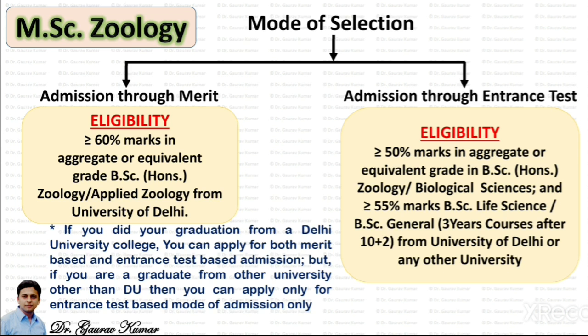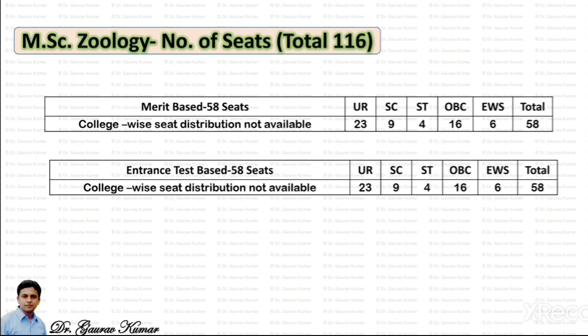So let's see the number of seats. I couldn't find the college wise seat distribution from the University of Delhi website, so we'll just see the number of seats in the merit based and the entrance test based mode. There are a total of 116 seats, out of which 58 seats are available for merit based and 58 seats are available for the entrance test based.